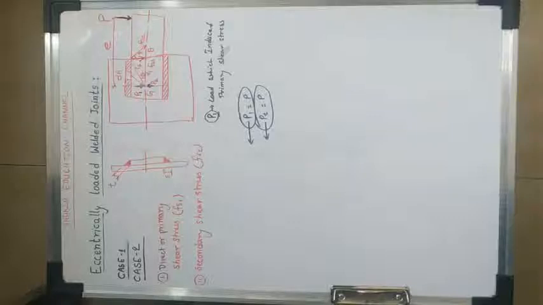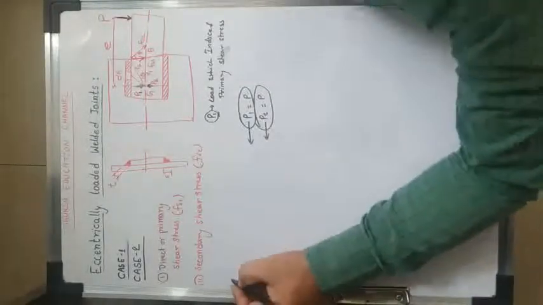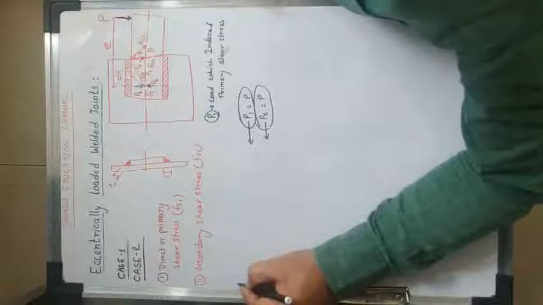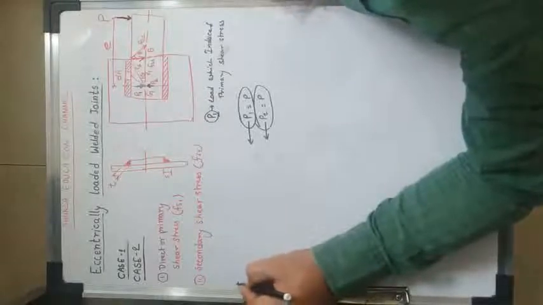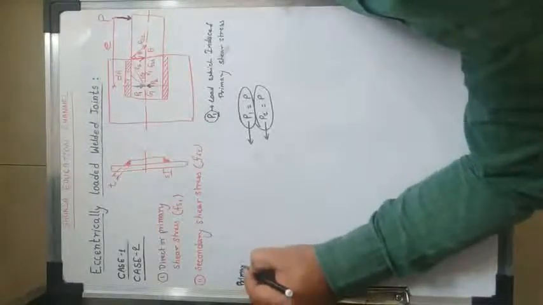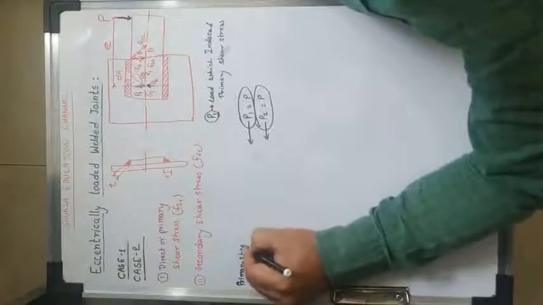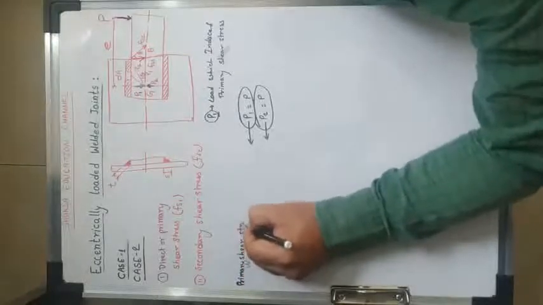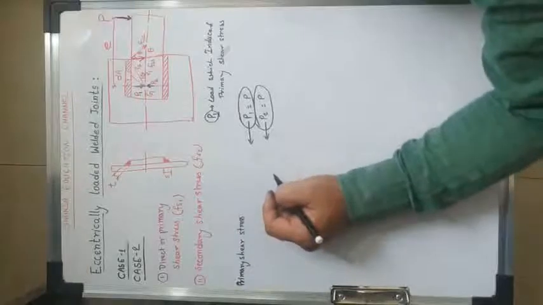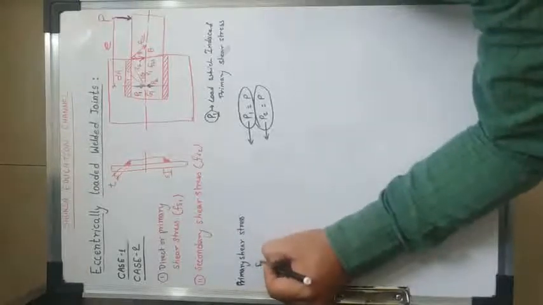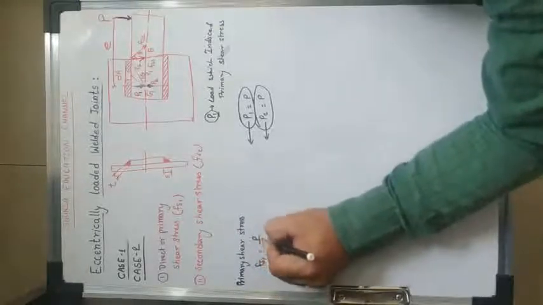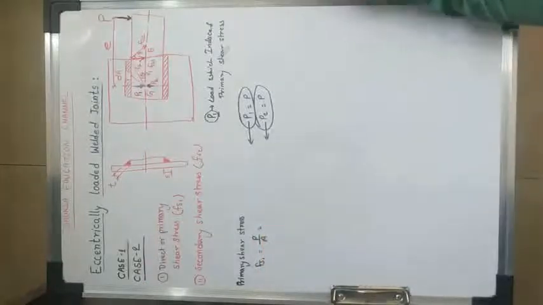What will be the formula for the direct or primary shear stress? Simple, Fs1 is equal to P upon A, as we know earlier.